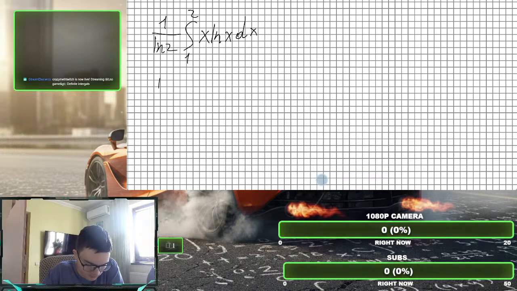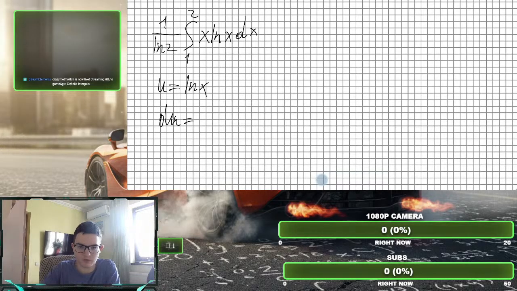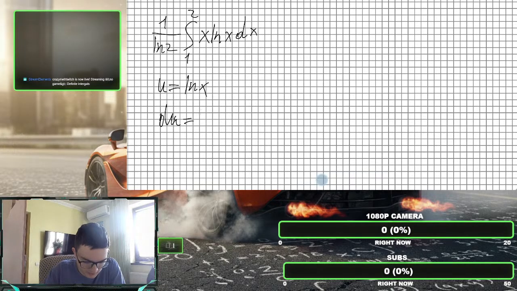And I'm gonna try to solve this with integration by parts once again. I got u, which I'm gonna pick as ln x, as I guess it's easier to differentiate. And the derivative of ln x from my table here is 1 divided by x, which is actually pretty easy. I think I knew that, but I just wanted to confirm.